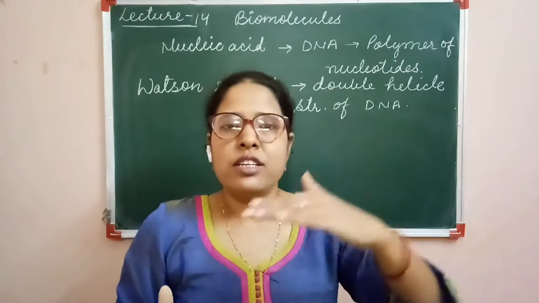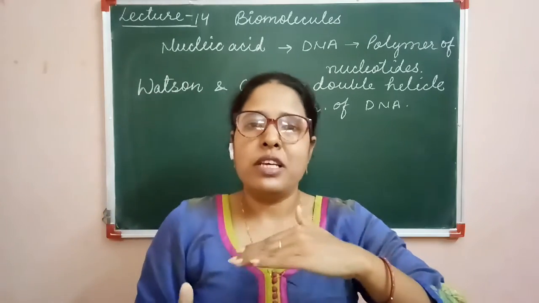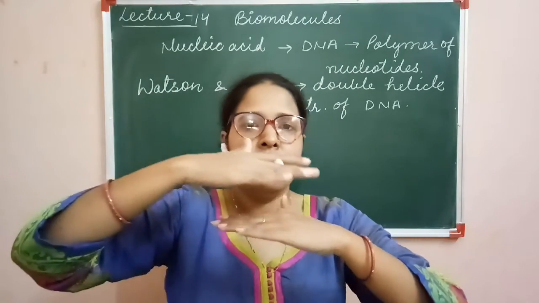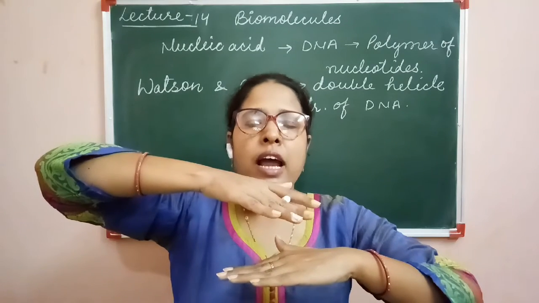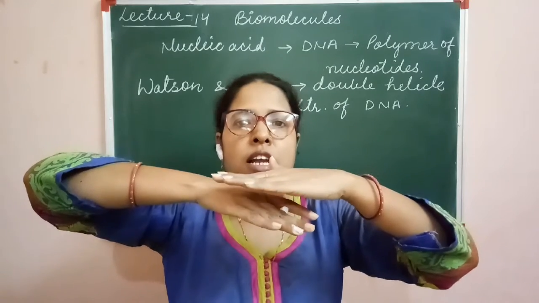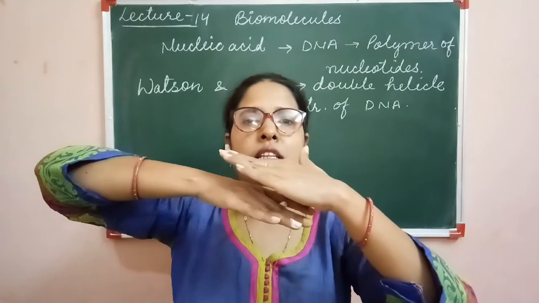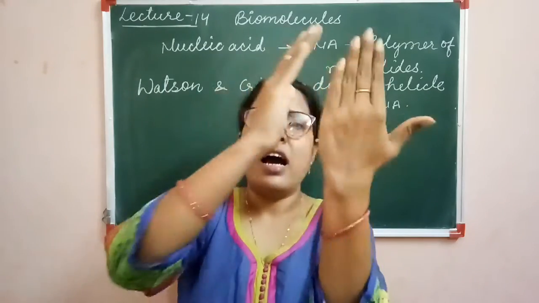In between are the stairs. Suppose this is one stair and this is another stair, it gets twisted at 36 degrees. Again the next stair also gets twisted at 36 degrees. Clear? To form a spiral arrangement.